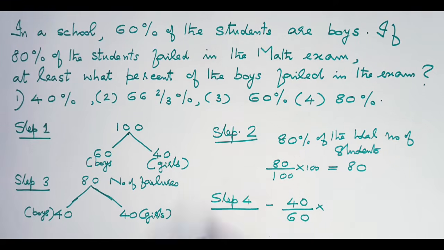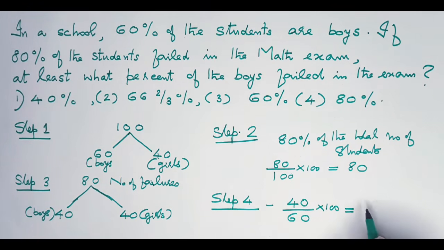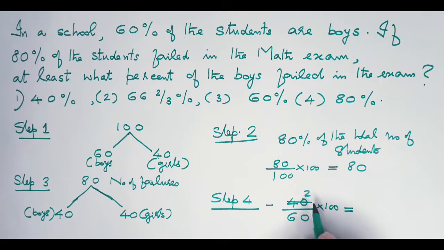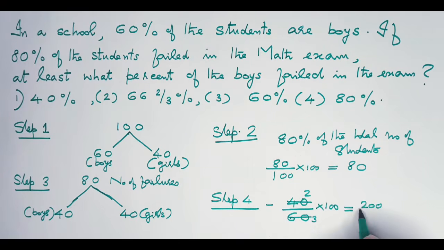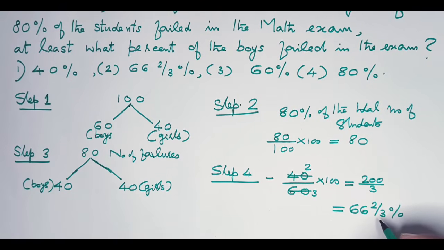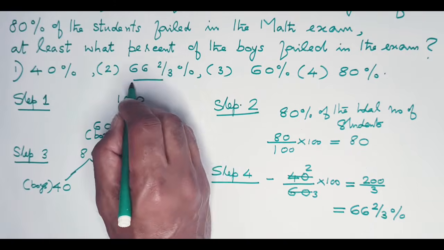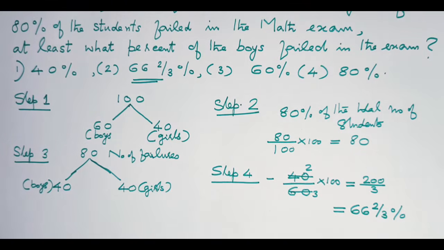To convert that into percentage, 40 divided by 60 multiplied by 100. This on simplification gives 66 2 by 3%. So the second option is the correct option, and that is the final answer. So this is the minimum percentage of boys who failed.